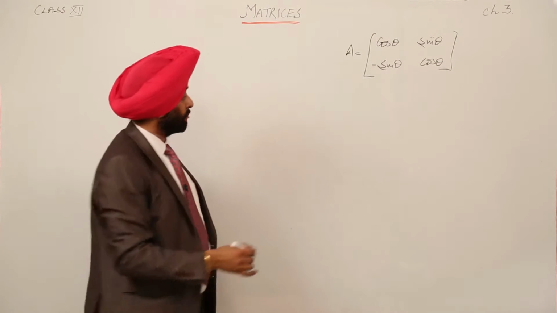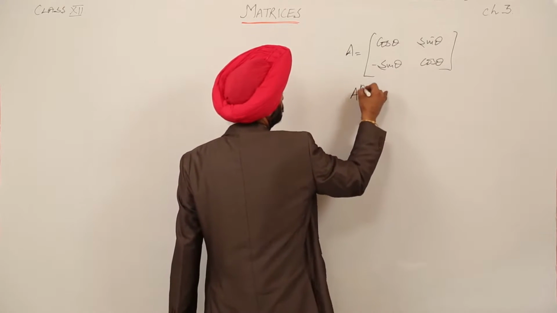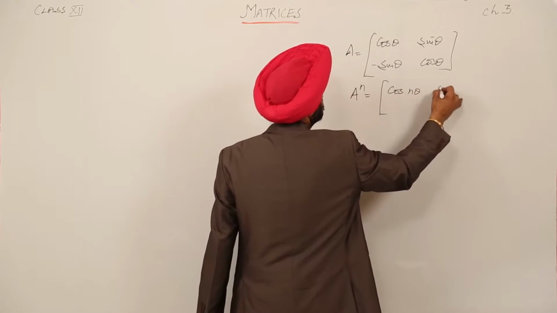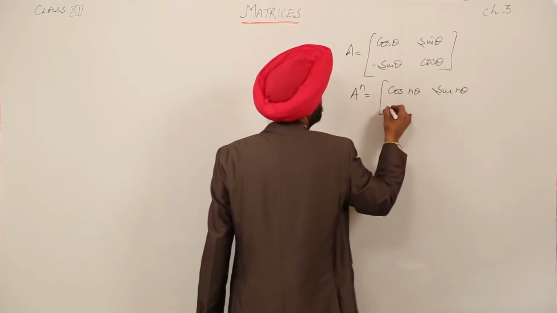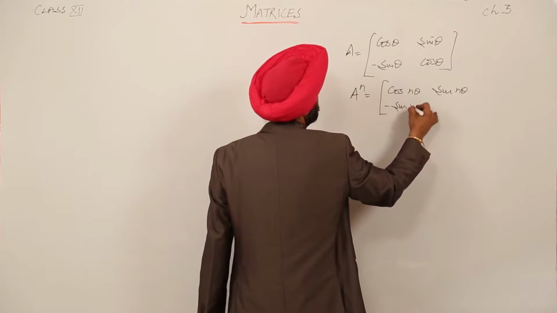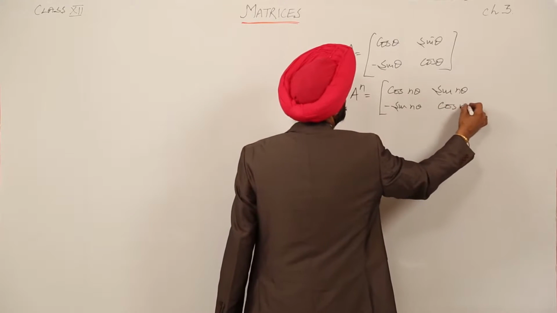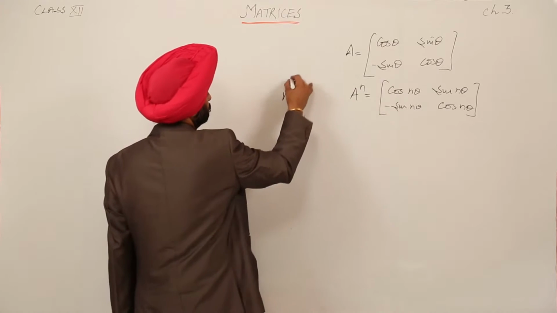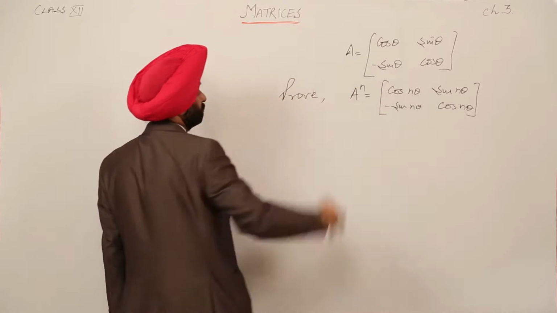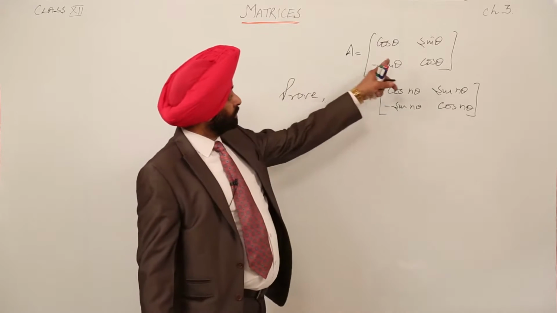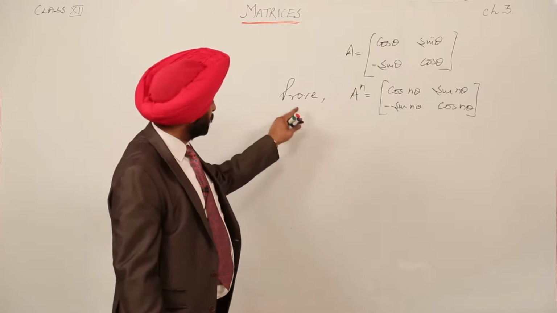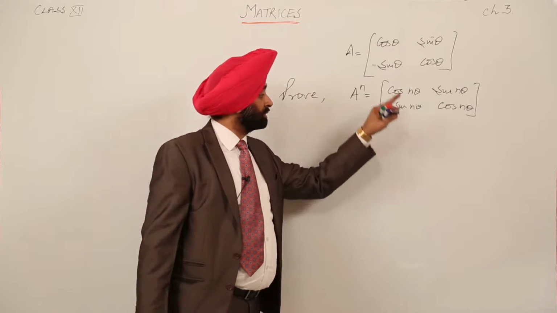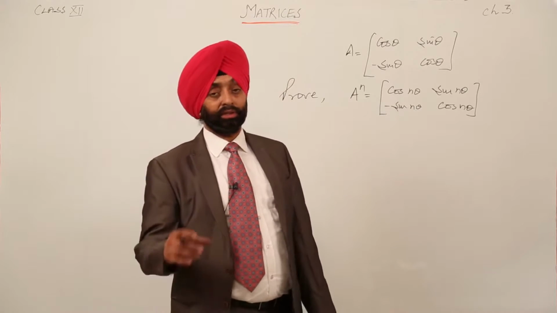This is matrix A. A raised to power n is equal to cos n theta sin n theta, minus sin n theta and cos n theta. What we have to do? Prove. A is equal to cos theta sin theta minus sin theta cos theta, and we have to prove A^n is equal to cos n theta sin n theta minus sin n theta and cos n theta. This we have to prove.